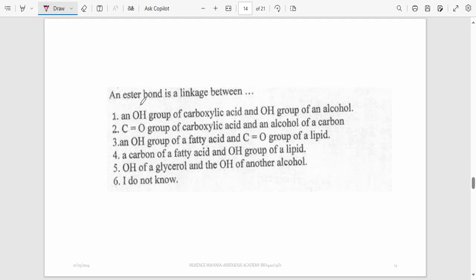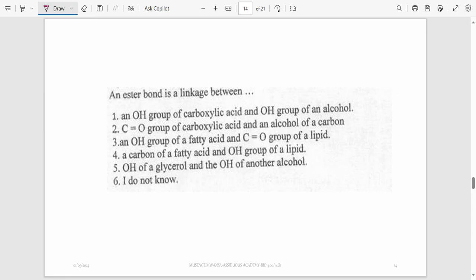Let's look at this one. An ester bond is a link between an OH group of carboxylic acid and OH group of alcohol; C double bond to oxygen group of carboxylic acid and an alcohol of a carbon; an OH group of fatty acid and CO group of lipid; carbon of fatty acid and OH of a lipid; OH of a glycerol and OH of another alcohol.